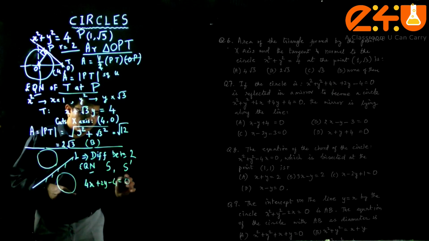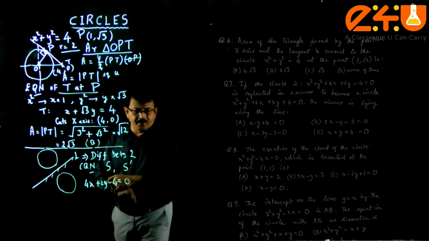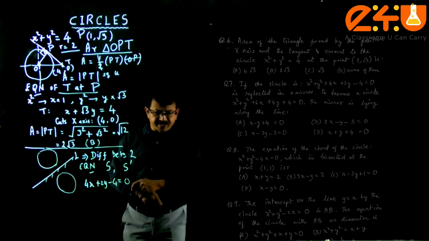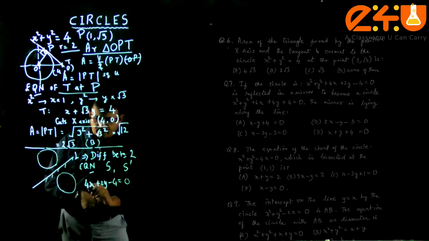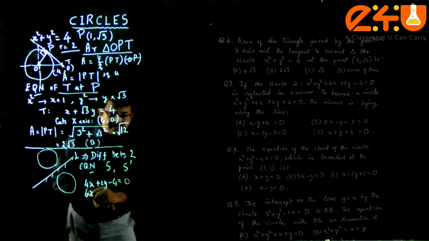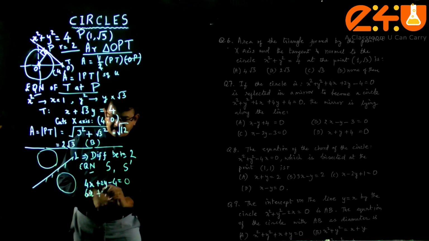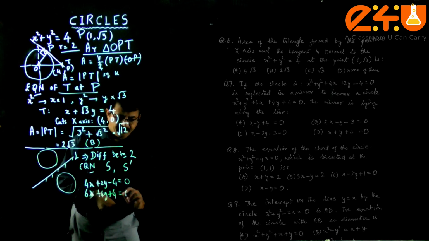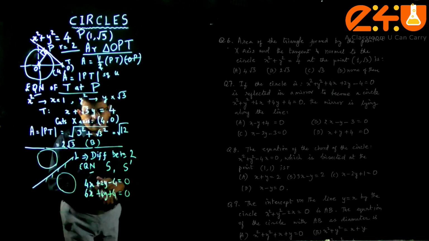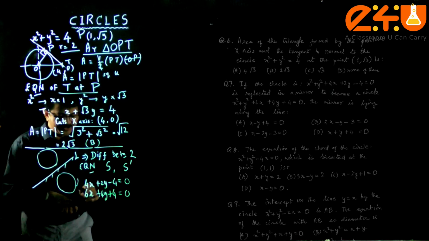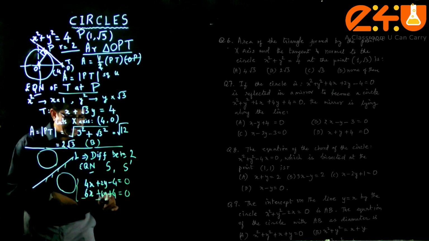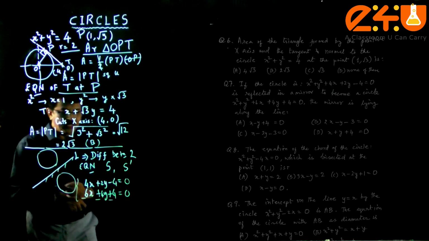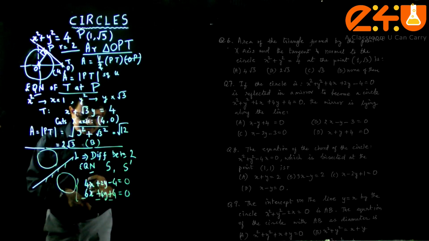What is left over is 4x plus 2y minus 4. Similarly, ignoring x square and y square terms from the second equation, I get 6x plus 4y plus 4 equal to 0. Fine, let me subtract. So we go for change of sign.